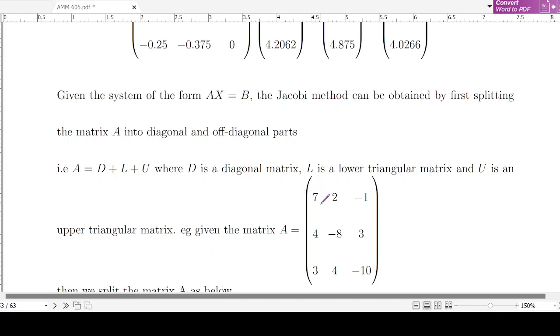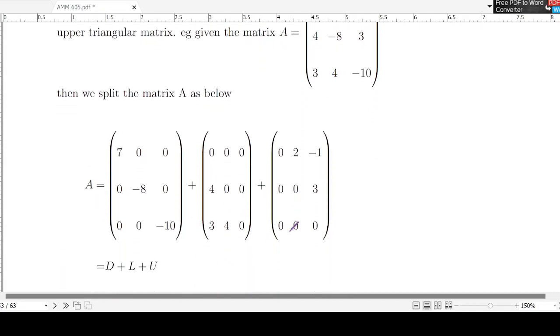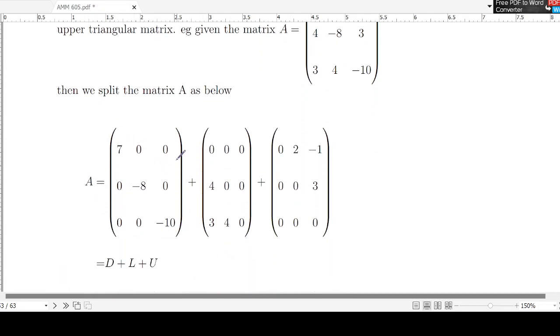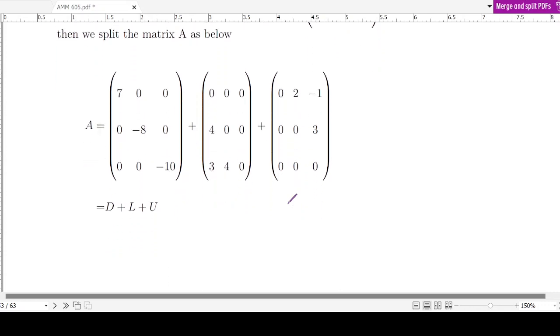So when you are given a matrix like this, you remove the diagonal elements, then you have the upper and the lower part. So you have the diagonal matrix D, this is the lower triangular matrix, and the upper. See that these are off diagonal, so that you write A equals D plus L plus U.